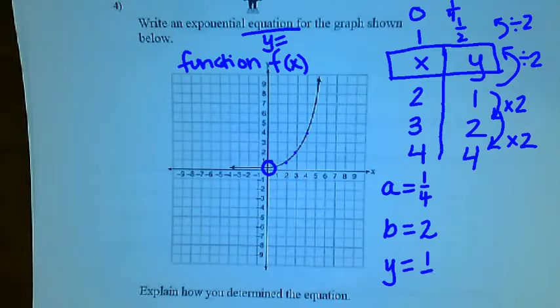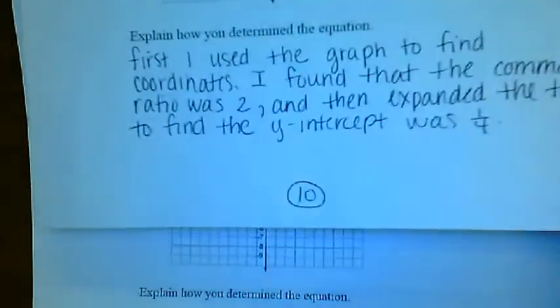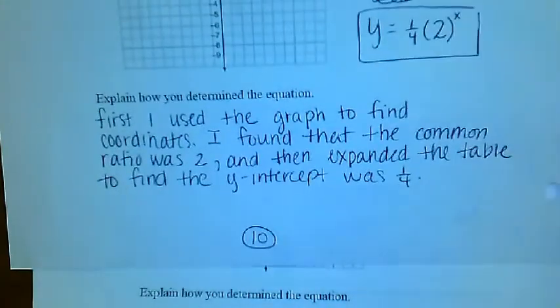Okay, so y equals 1/4 times 2 to the x power. All right, and basically, so the description right there: first I used the graph to find the coordinates. I found the common ratio was 2, and then expanded the table to find the y-intercept is 1/4.